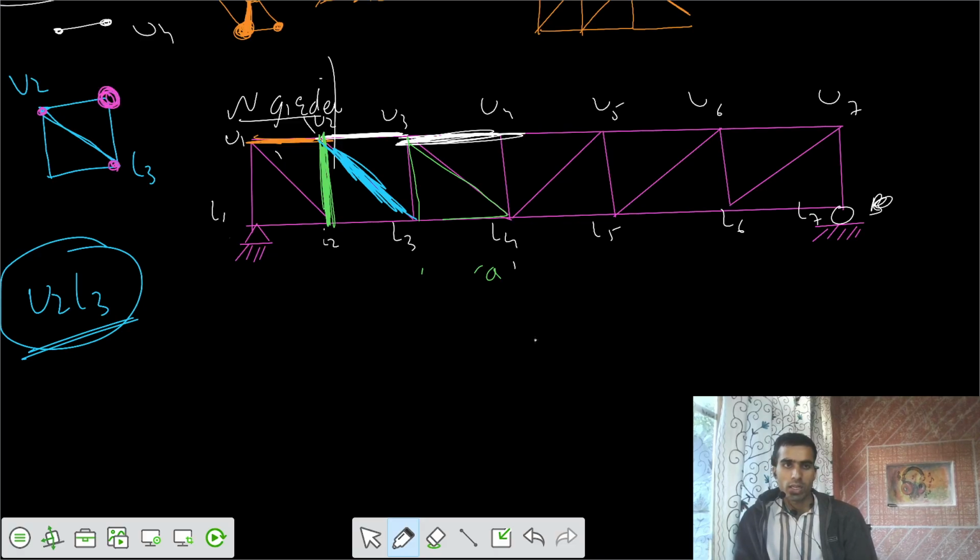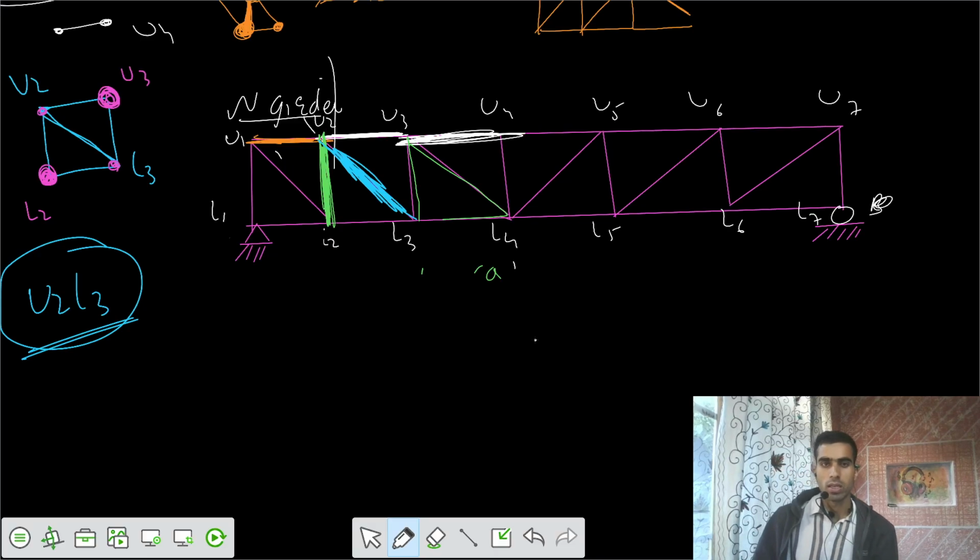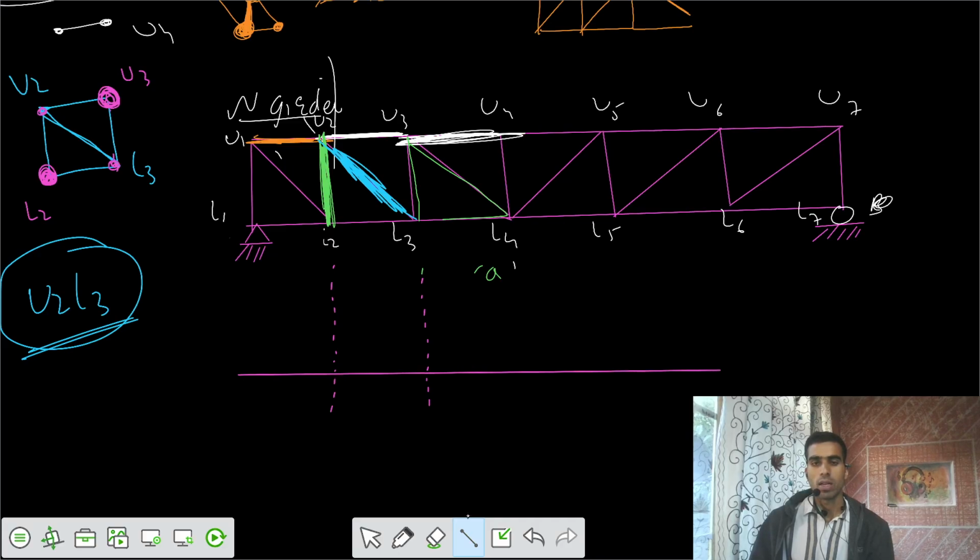I would say one of the joints is here and one of the joints is here. That means two different critical locations are at the level of L2 and U3. Because U3, L3 is on the same line, it does not make any difference for that. So let's take that now.